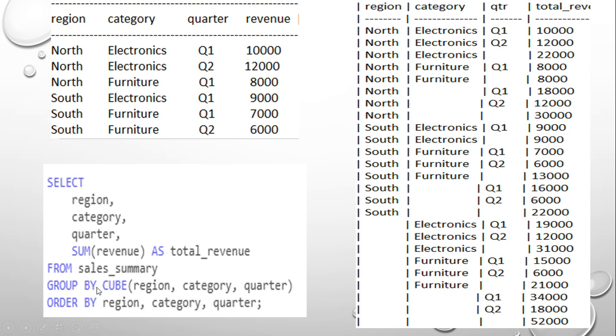So it gives the region, category and quarter breakdown of total revenue individually, then the subtotals of category, region and quarter, and finally the grand total. So it gives all possible combinations of aggregations. When you want to quickly see the data along with the aggregations, CUBE is a very straightforward function. It's only that we need to learn how to interpret the output.